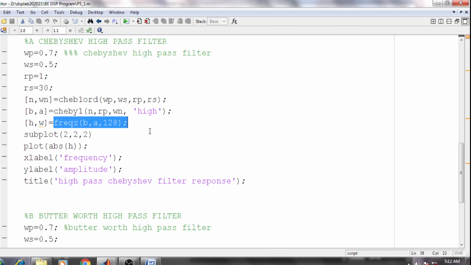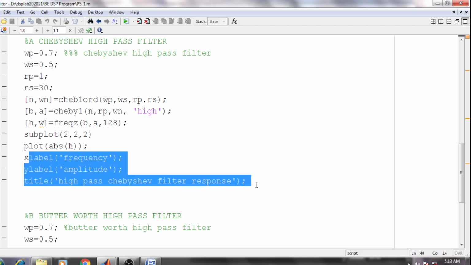This freqz function is used for finding the magnitude and phase response, so h and w are obtained as the result. Now we are going to plot it in a 2 by 2 layout. The subplot is named as the second place from a higher order filter point of view. Then the absolute plot is taken for the magnitude, and then x label, y label and title are given to this filter.